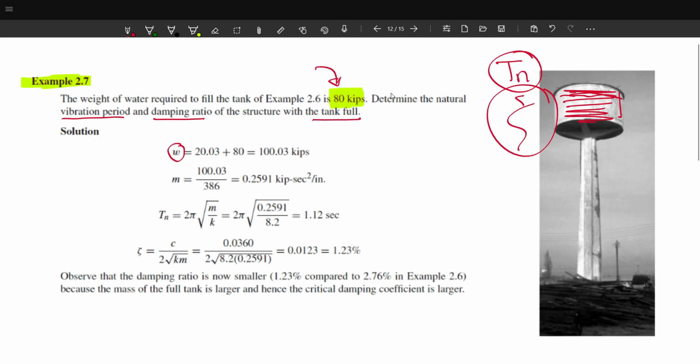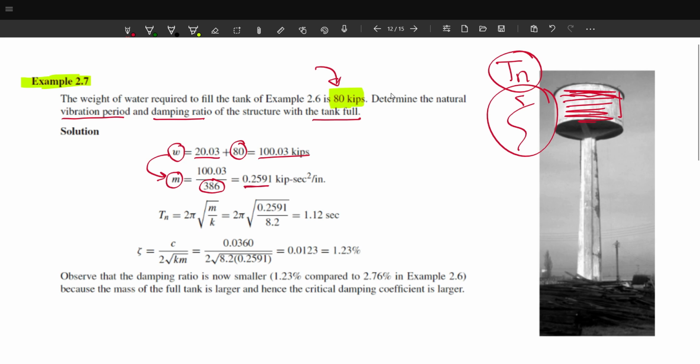First of all, the weight of the structure is 20.03, which is the empty tank, plus 80, which is the weight of the water. Why do we need the weight? In order to obtain the mass. The mass is going to equal the weight over the gravitational acceleration. This gives us this value.